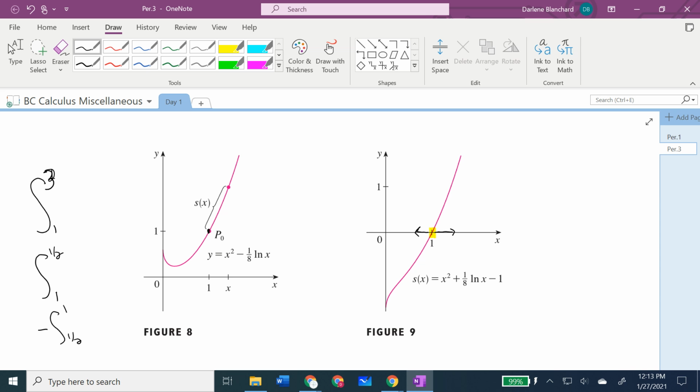If we wanted this to actually represent arc length, where this is really more displacement, we would need to take the absolute value. And I'm not sure I'm going to draw this, but I'm trying.